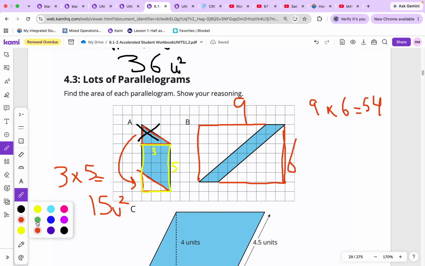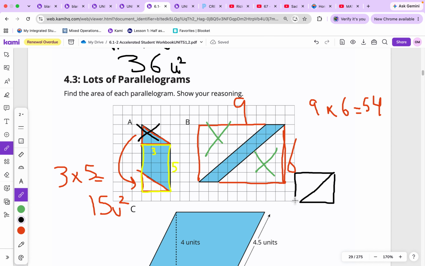And then what we can do is subtract the area of the two triangles away from the big rectangle, and we'll be left with just the blue shaded region. Now, the two triangles together will form a rectangle.